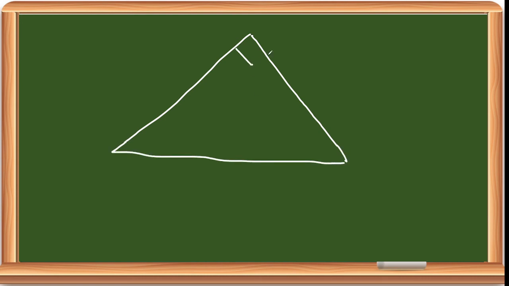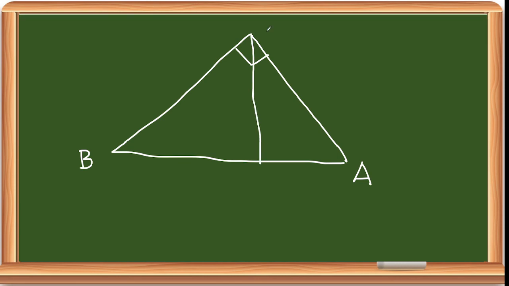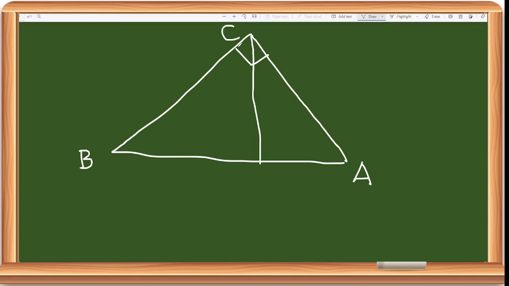Andito pa rin yung C. Pero this time, ito yung B natin. Ito naman yung A. And then, the altitude is, so if this is C, the altitude is CD. Okay, so I'm going to give the given according to the figure here.